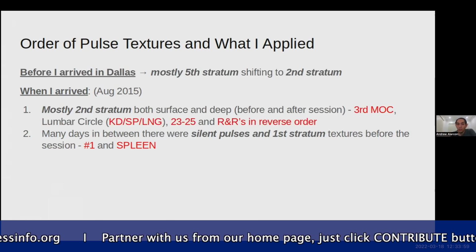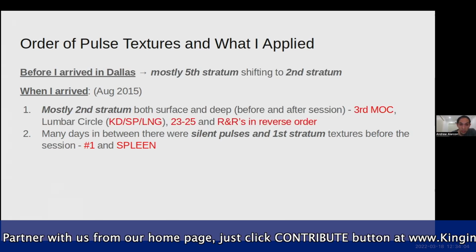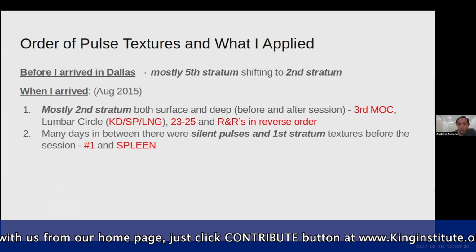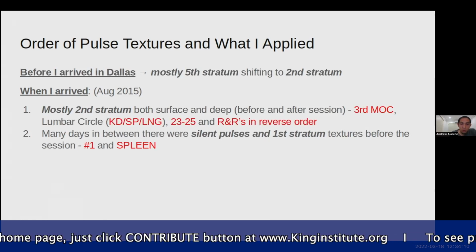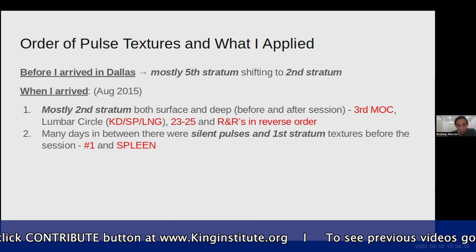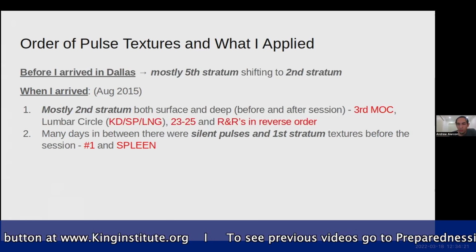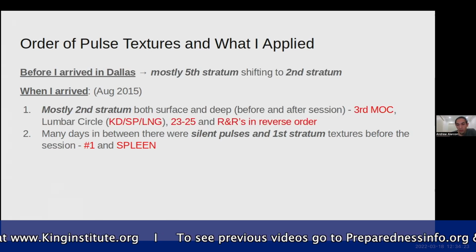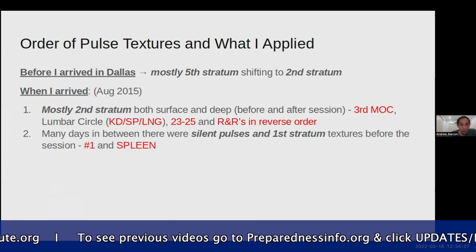So I would usually apply the number one sequence and also the spleen sequence. Whenever we feel silent pulses, the number one and the spleen applications are usually the go-to, or my go-to. And it helps, if I can use the term, jumpstart the pulses of the client or of that person.